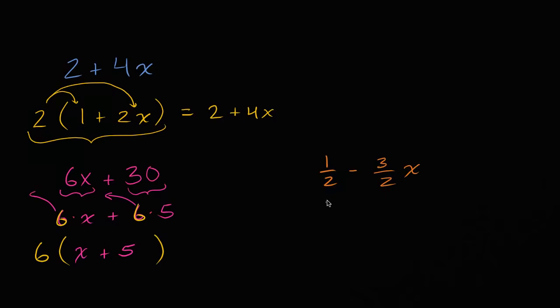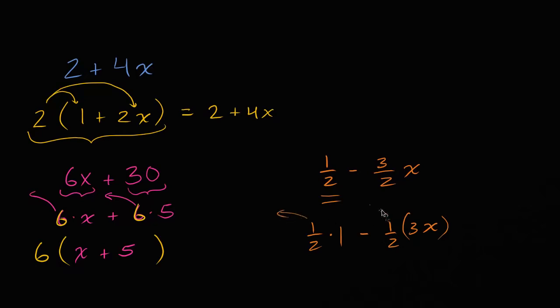And I encourage you to pause the video and try to figure it out. And I'll give you a hint. See if you can factor out 1/2. Well, let's write it that way. If we're trying to factor out 1/2, we can write this first term as 1/2 times 1. And this second one we could write as minus 1/2 times 3x. That's what this is. 3/2 x is the same thing as 3x divided by 2, or 1/2 times 3x.